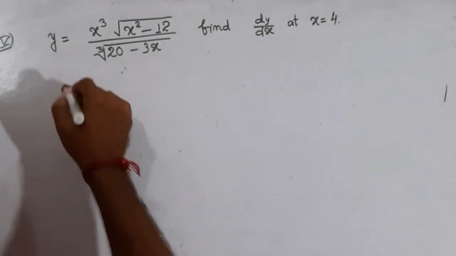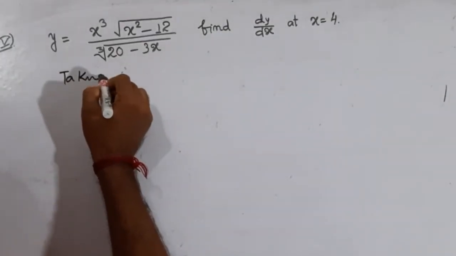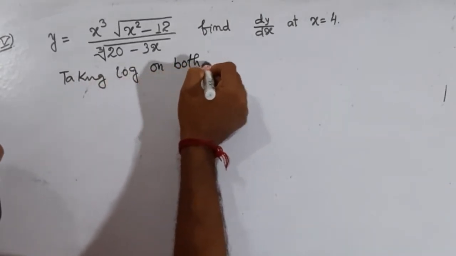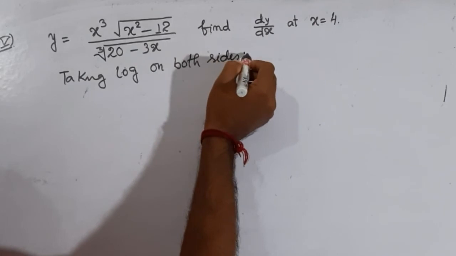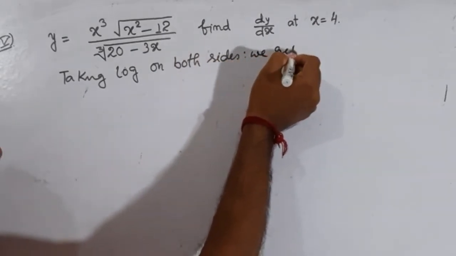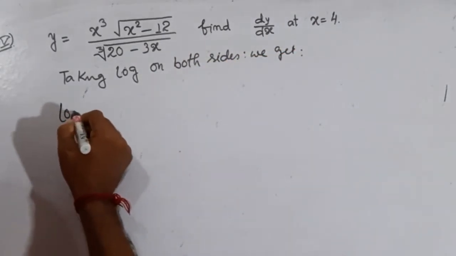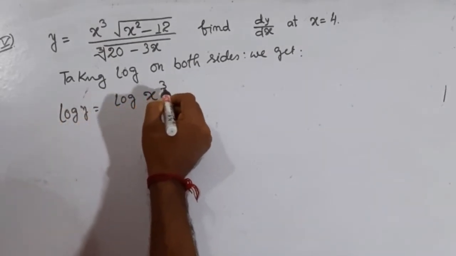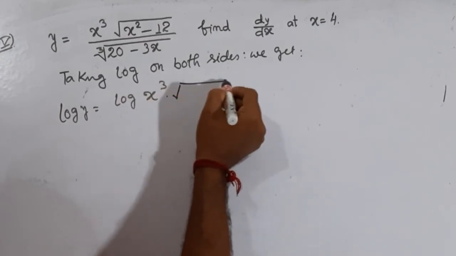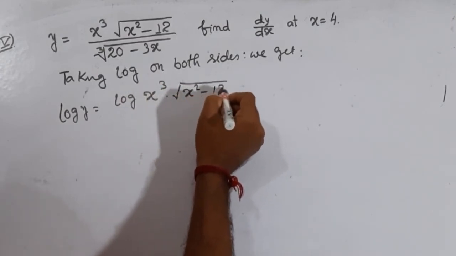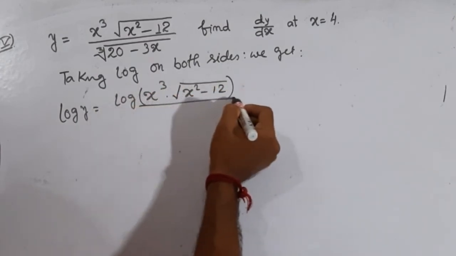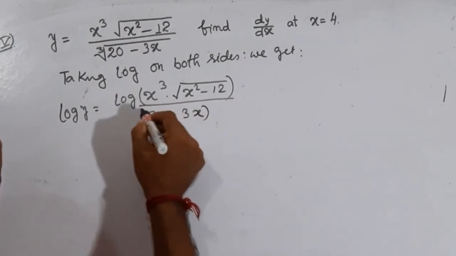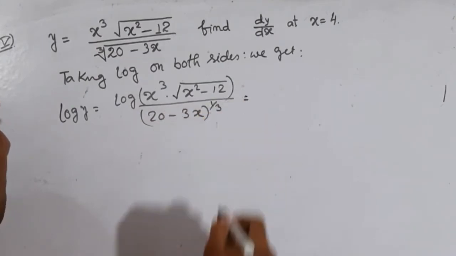Taking log on both sides, we get log y is equal to log of x cube into root over x square minus 12 by 20 minus 3x whole to the power 1 by 3.